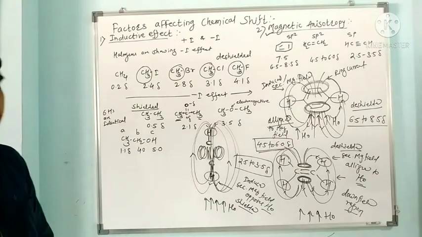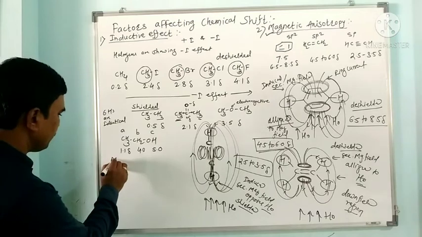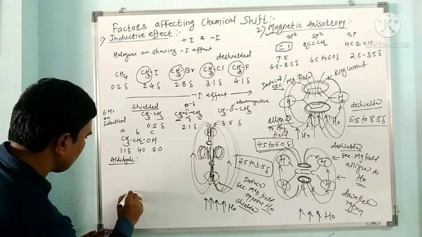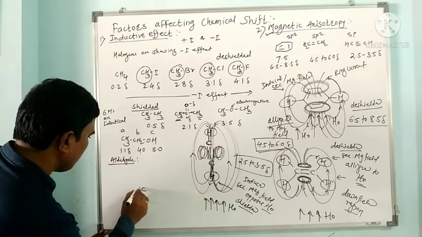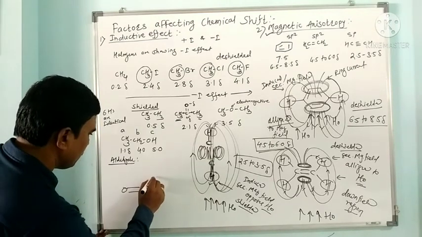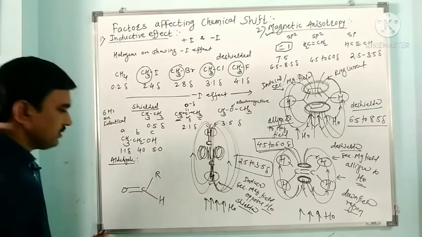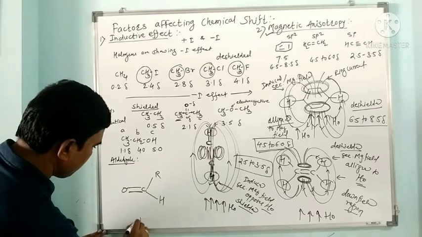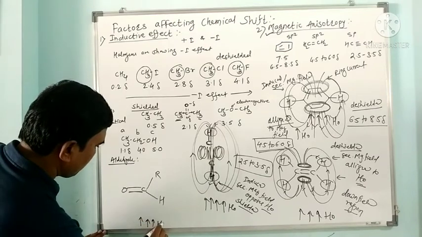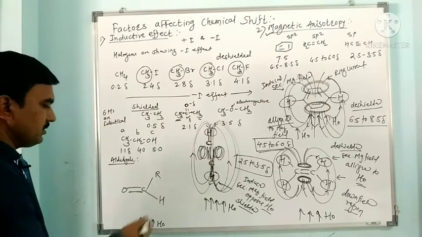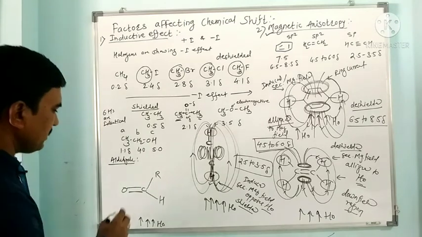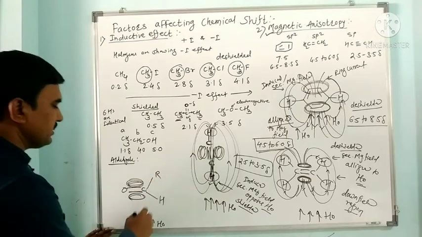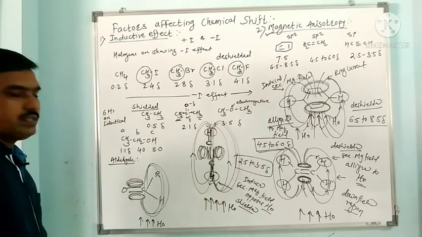But if you see again the example of an aldehyde. In the case of an aldehyde, such as a carbonyl compound, here this is R, here this is H. When this aldehyde is placed in the applied magnetic field, when we are taking its H1 NMR spectrum, these pi electrons circulate, and it again creates an induced magnetic field.